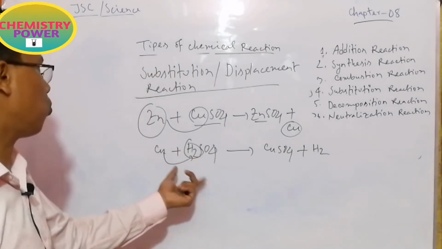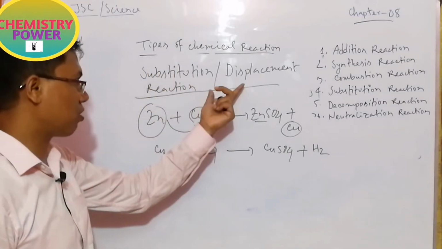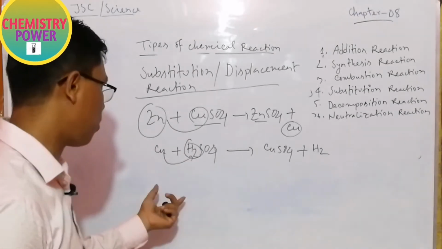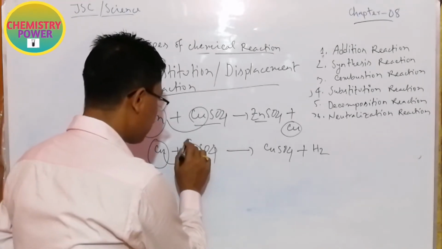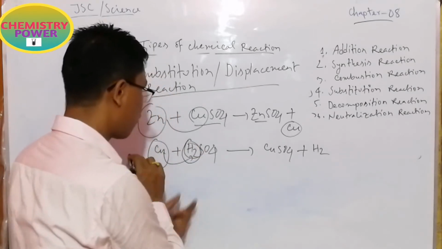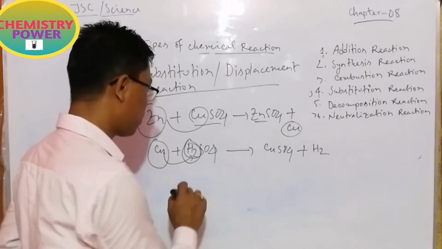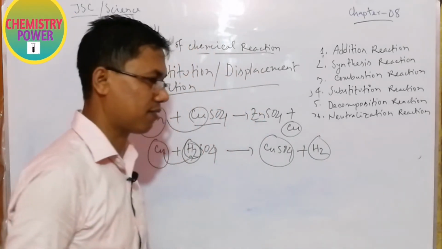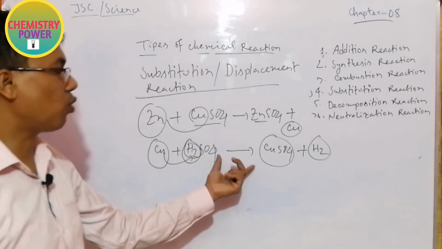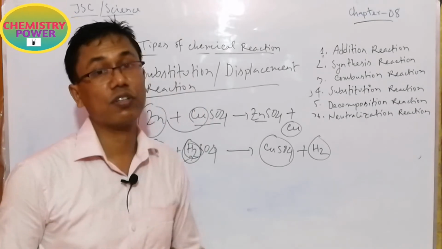This is also one kind of substitution or displacement reaction, because in this reaction the copper element replaces the hydrogen element from the sulfuric acid and then produces copper sulfate and also hydrogen gas. That's why it is also a substitution reaction.